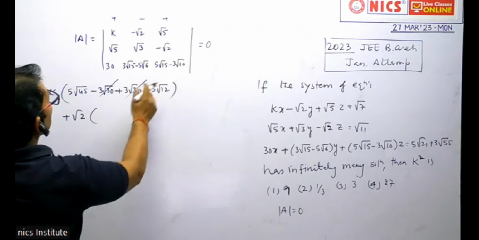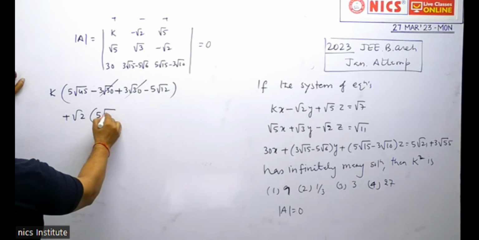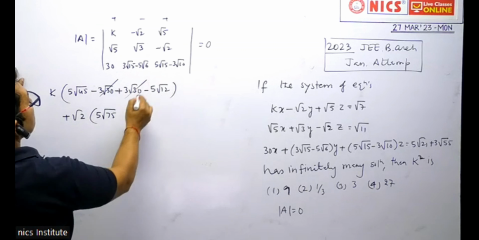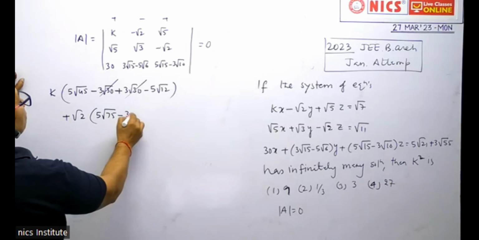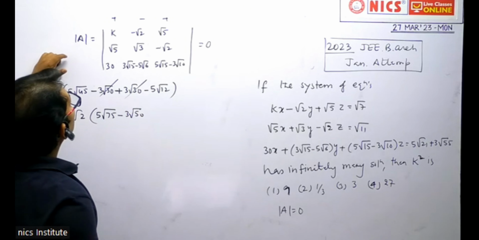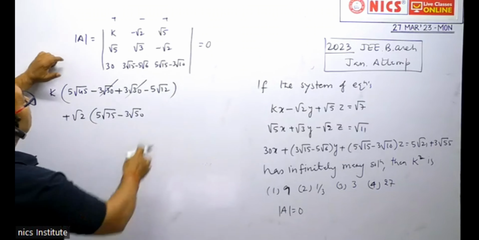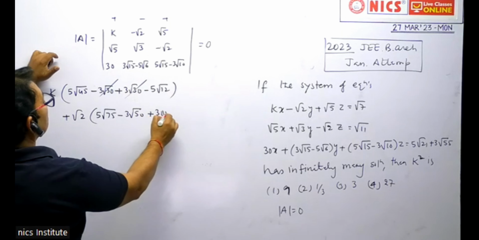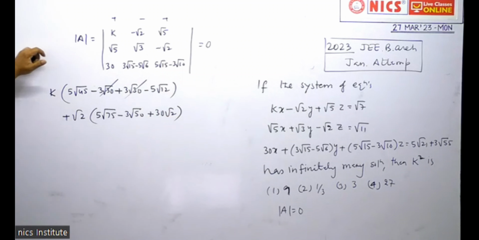This into this: 5 root 75 minus 3 root 50. Then this into this. Correct? You also check.